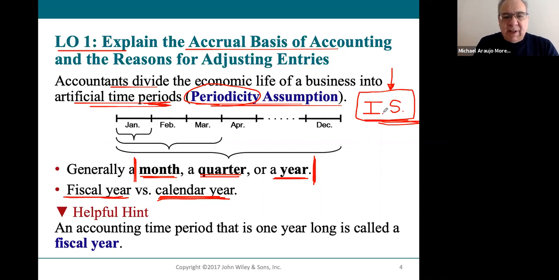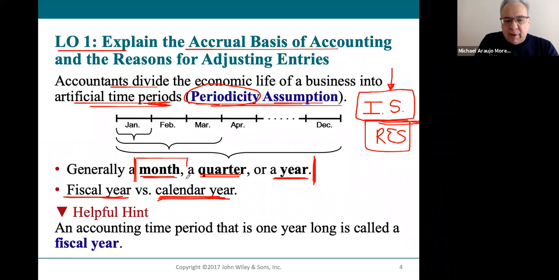So the income statement is really critical. And of course, everything that happens on the income statement will also flow into the retained earnings statement, which is also based on the periodicity assumption, because like the income statement, it's measuring the exact same period of time. Okay. So that's really critically important to understand periodicity and how we break things up.